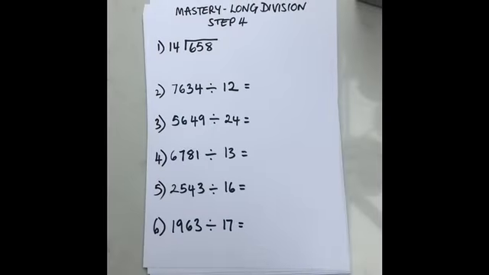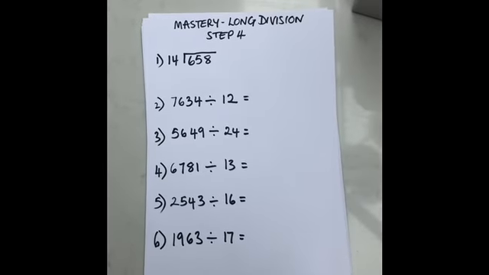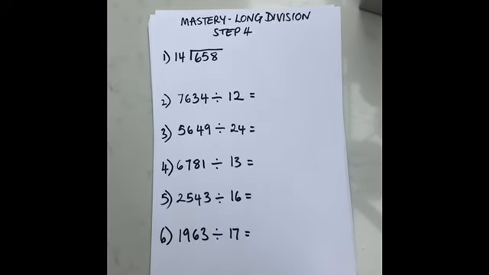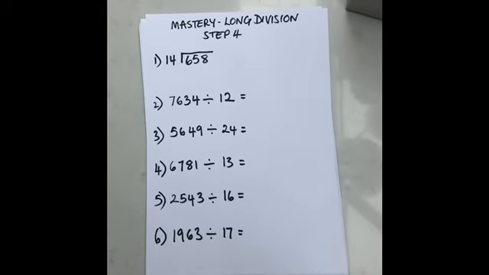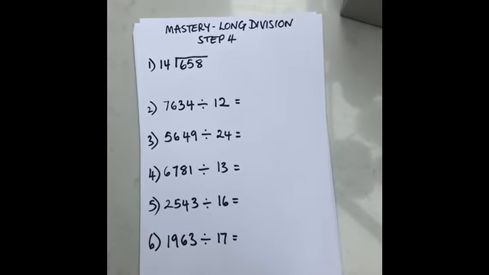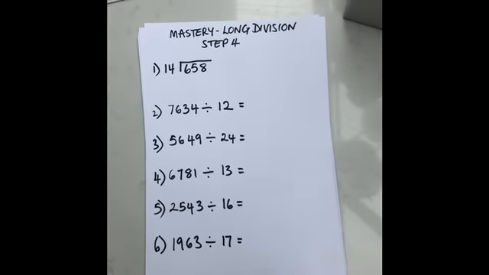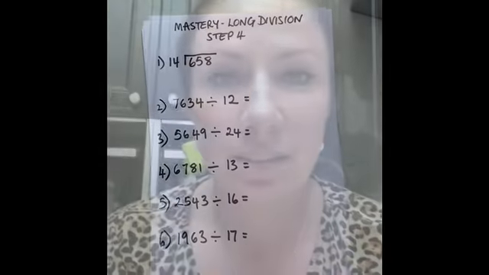Okay, so this is the final set of practice questions, and this is our step 4 mastery long division questions, and they will all require more complicated fact boxes, and some have remainders and some don't. So I hope it's been helpful with the division and that we've gone through all the steps. I would say the introductory to division and long division is year 3 or 4, dependent on your school.